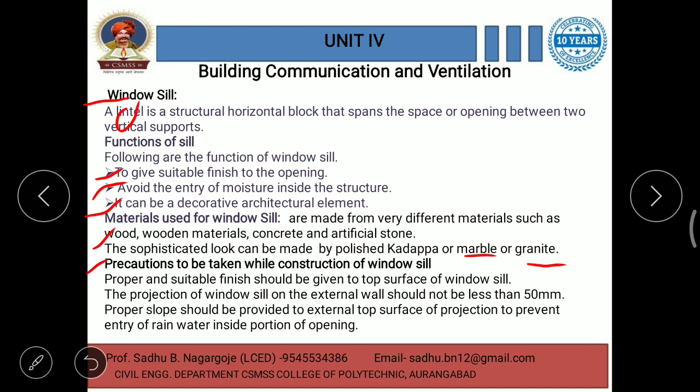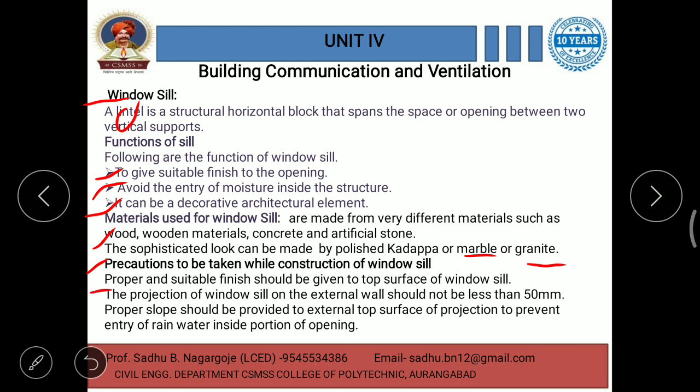Then the precautions to be taken while construction of window sill. It is again very important while constructing the window sill. Some precautions need to be taken. Proper and suitable finish should be given to the top surface of the window sill.